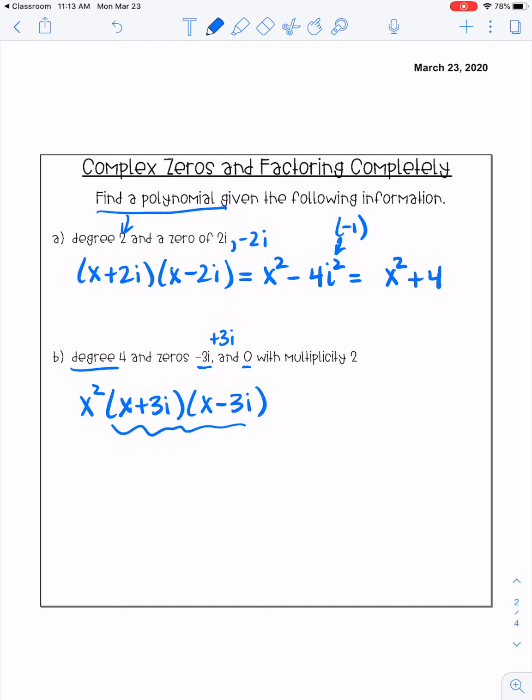And when I multiply these, I'm going to get x squared plus 9, right? Then I can distribute my x squared, so that's going to give me x to the 4th plus 9x squared. And I have my 4th degree polynomial with a multiplicity of 2. So that would be here. That's the multiplicity of 2. Okay?